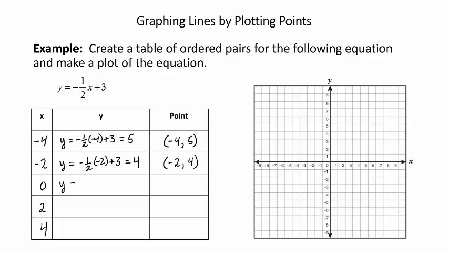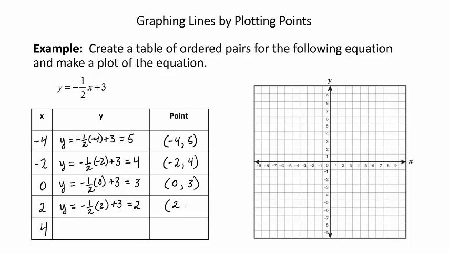Okay, now when x is 0, that finds the y-intercept, right? So -1/2 times 0 plus 3 is equal to 3, right? 0 plus 3 is 3. So 0, 3 is the ordered pair that we have there, and that also is the y-intercept. Okay, so when x is 2, y is going to be -1/2 times 2 plus 3. So -1/2 times 2 is -1, plus 3 is +2.